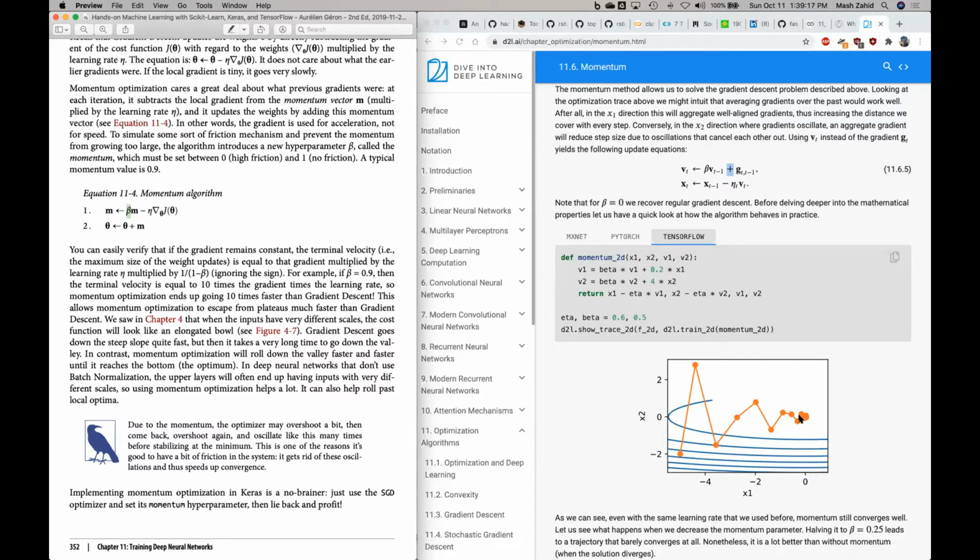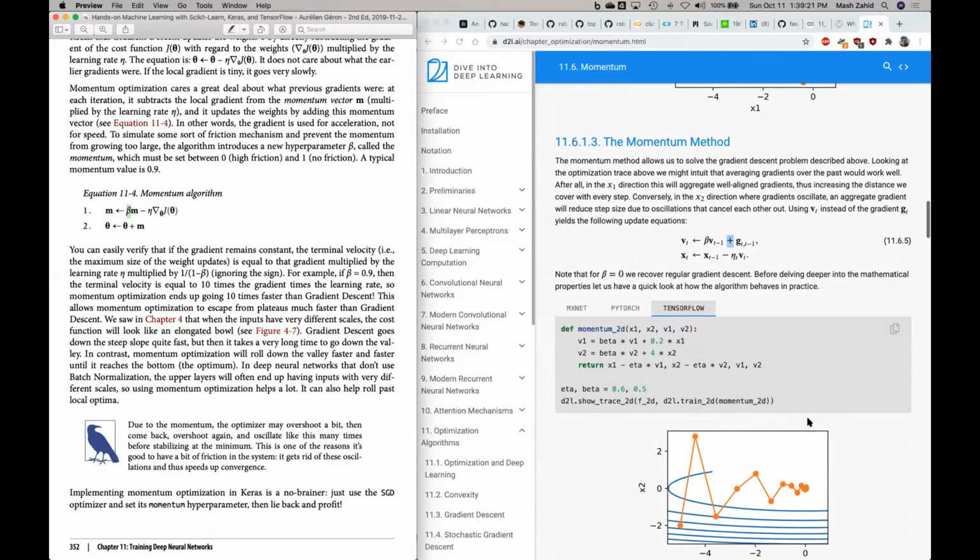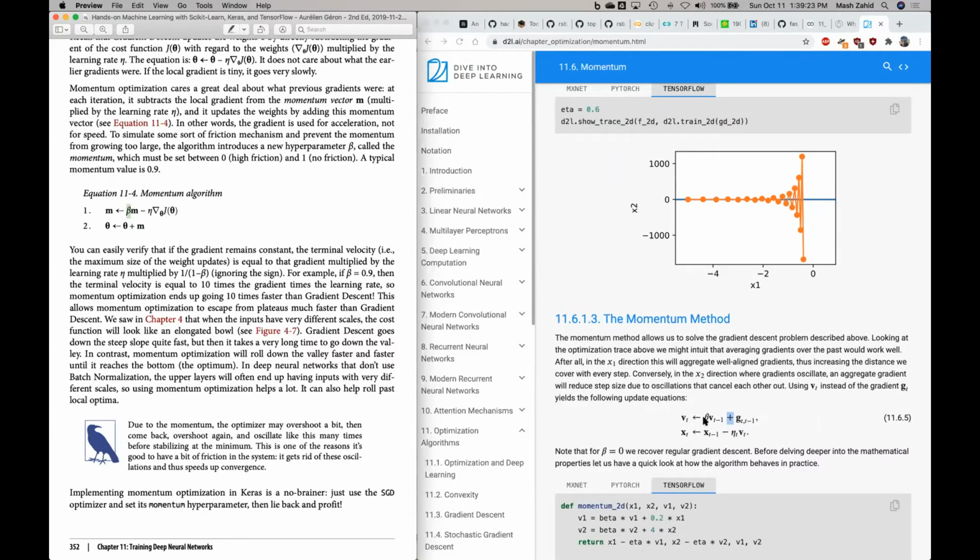Correct. Which allows us to converge a lot better, as opposed to if we did not use that momentum method, then we'd be oscillating wildly as we're approaching the minimum.